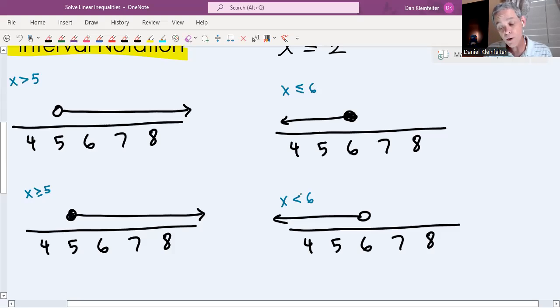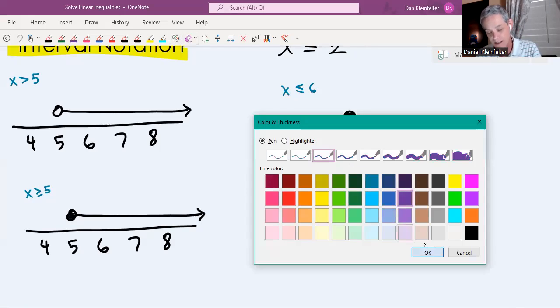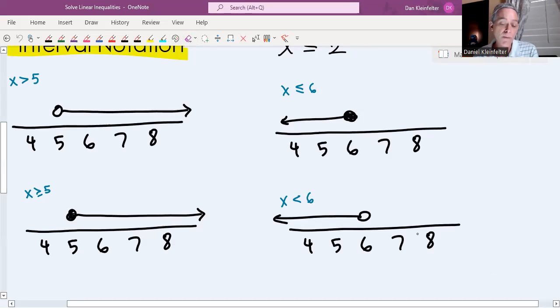One thing that can complicate this is that, depending on where you're going to school and what book they're using, the graphs can look different, basically depending on somebody's preference. Some people prefer to use, instead of circles, either parentheses or brackets.